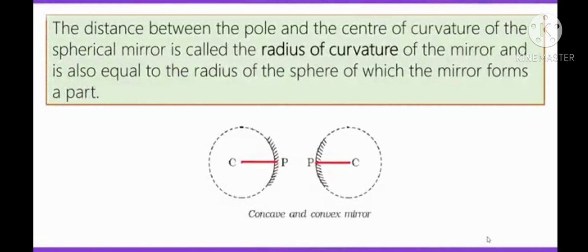The crossed lines on the curved surfaces show the silvered surface. If the silvered surface is outside of the spherical surface, then that spherical mirror is known as a concave mirror. If the silvered surface is inside of the spherical mirror, then that mirror is known as a convex mirror.